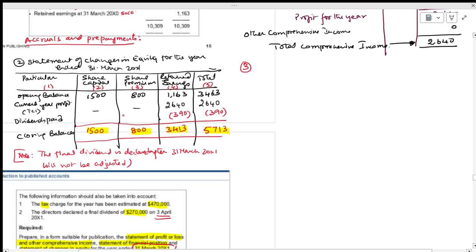Okay? Now, statement of financial position as at 31st March 2001. In thousands, okay?